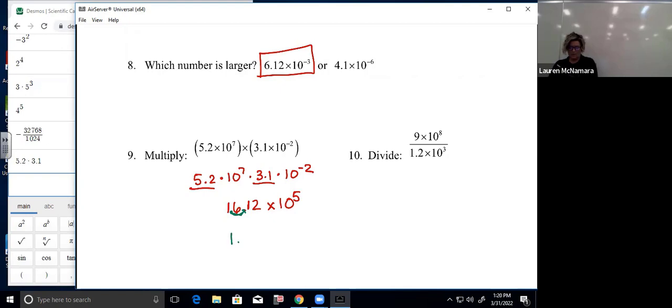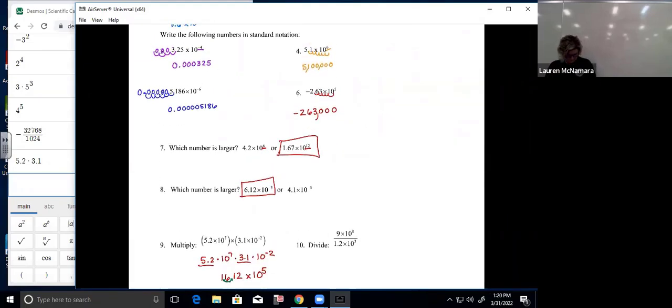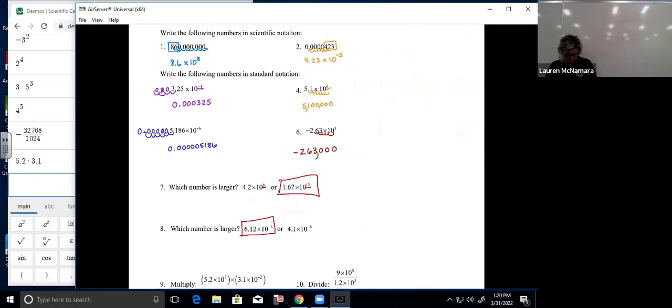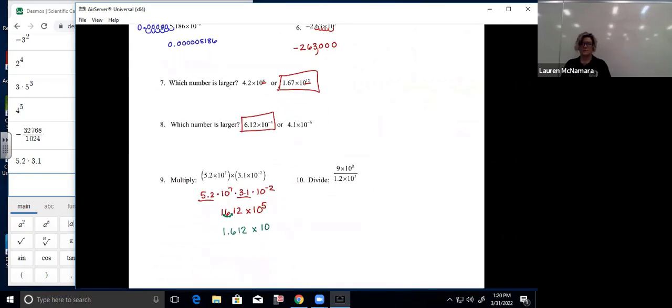So I know my number is going to be 1.612 times 10 to the... I'm moving it one decimal place, but I need that extra 10 on there, so it's 10 to the 6th.